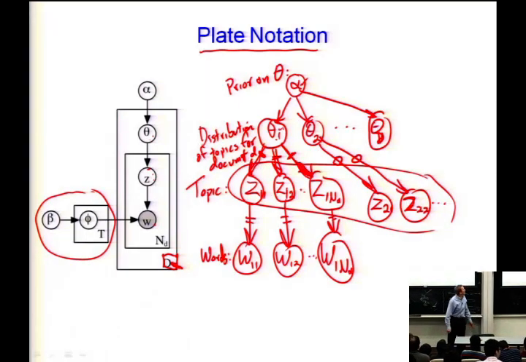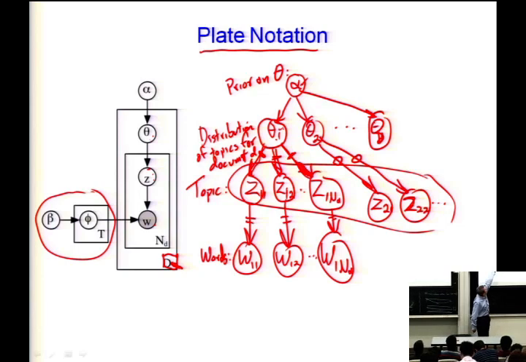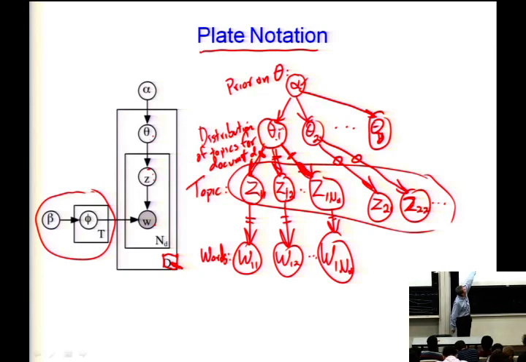So beta is essentially a way of saying what is the probability of W given Z. And beta is a prior on these different phis. There are T of them for the T topics.